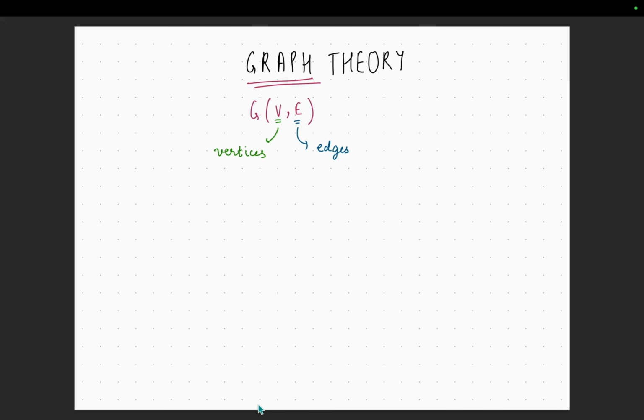And graphs can be of two broad kinds: undirected, where both vertices corresponding to an edge are equivalent, and directed, where one vertex points to the other. So you can go from, say, this vertex to that one, but not the other way around.